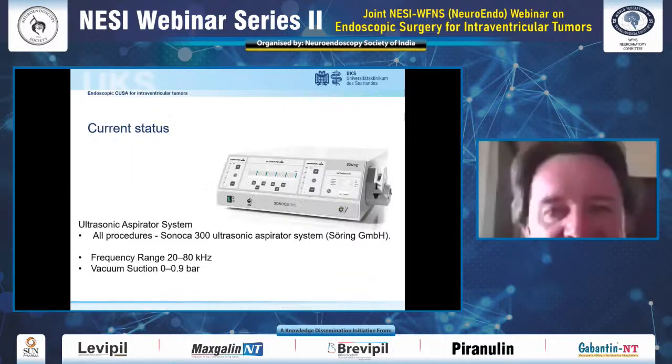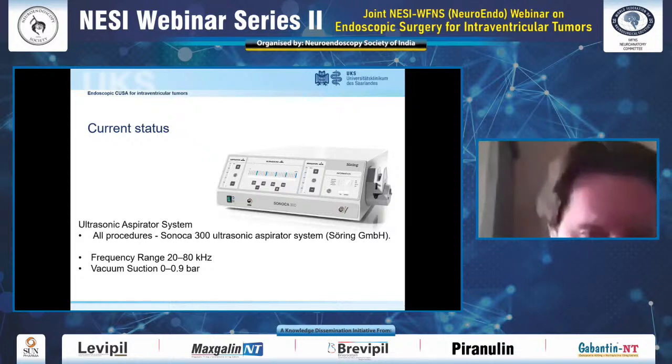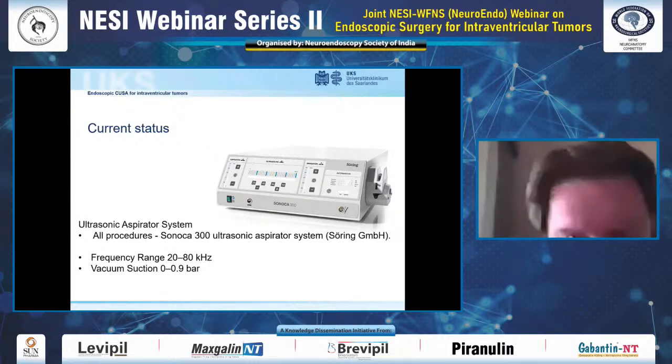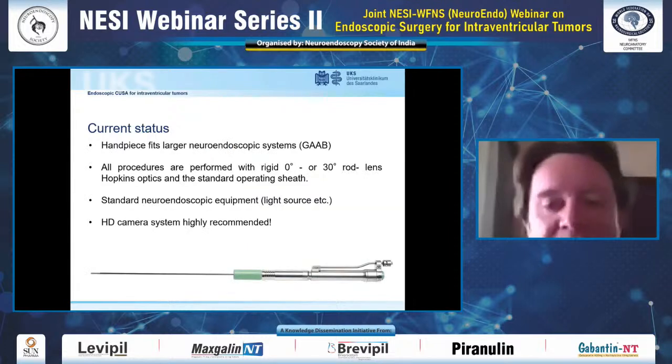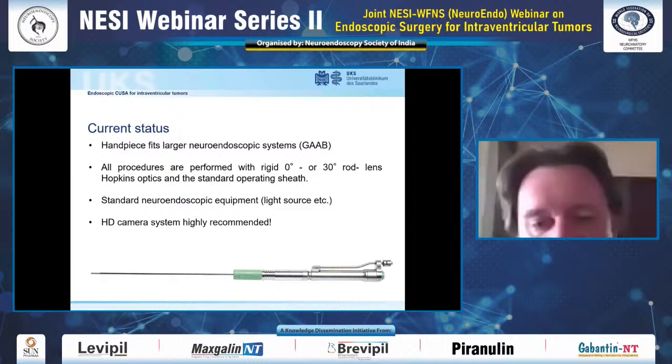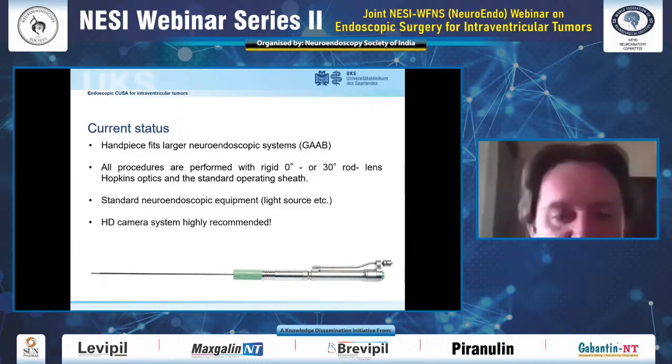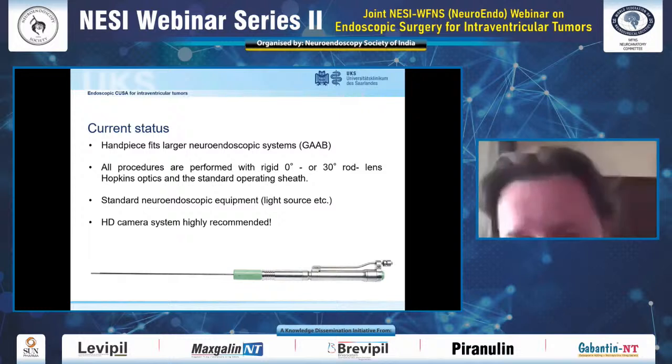With the current status, this is the Sonocath 300, you can adjust the frequency range from 20 to 80 and the vacuum suction from 0 to 0.9 bar. With this, you can use the handpiece underwater and under air. So both options are possible. The handpiece, to my knowledge, still fits only the GAAB endoscope.